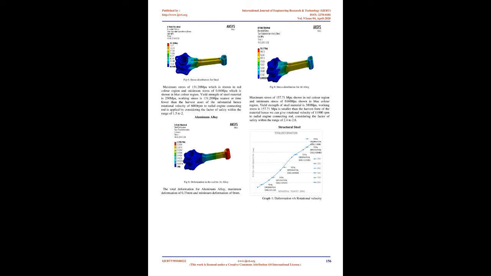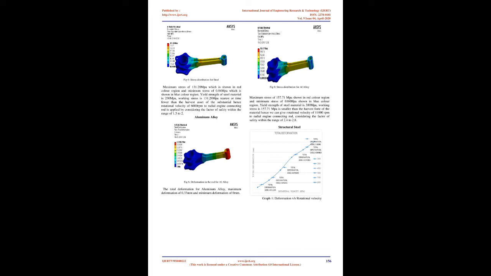The yield strength of the material is 380 MPa and the working stress is 157.71 MPa, which is smaller than the yield strength of the material. Hence we can give a rotational velocity of 11,000 rpm to the radial engine connecting rod, considering a factor of safety within the range of 2.4 to 2.8.